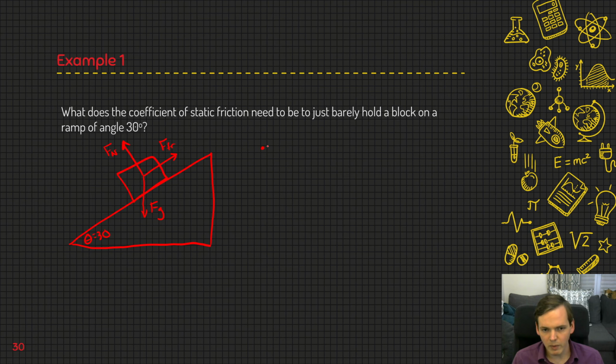So I'll draw my free body diagram. We've got F friction, we've got Fg, and then we've got Fn. Now, what we want here is the sum of the forces in the y direction to equal 0 and the sum of the forces in the x direction to equal 0, because we want no motion. In both directions, the sum has to equal 0.